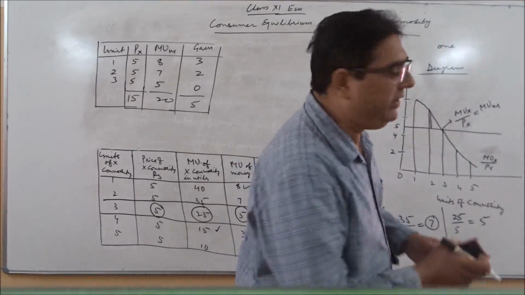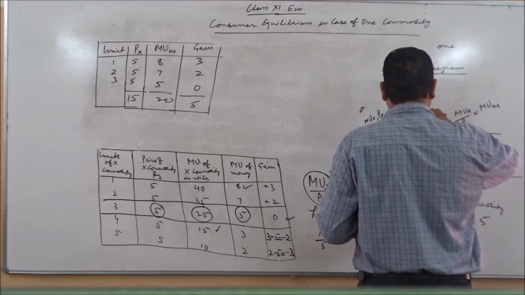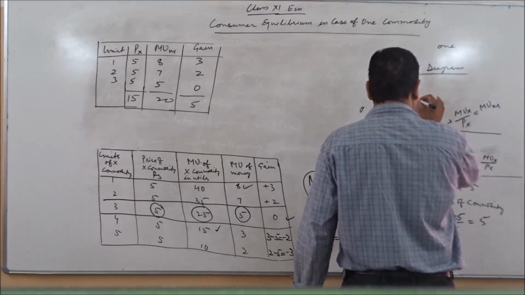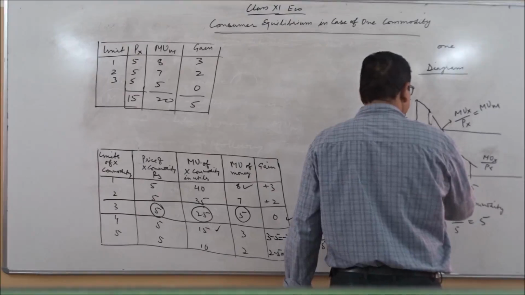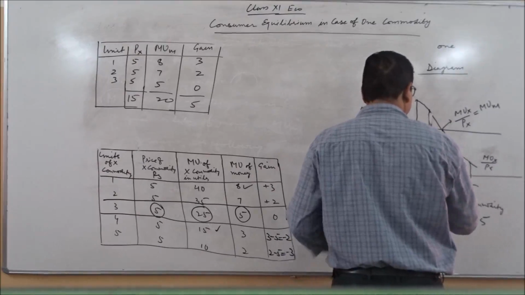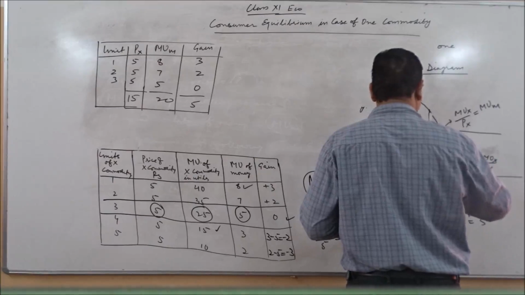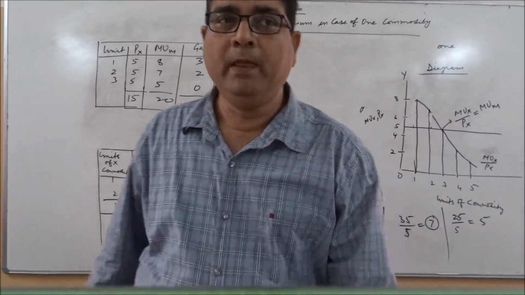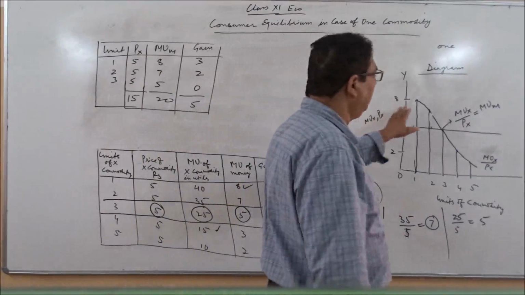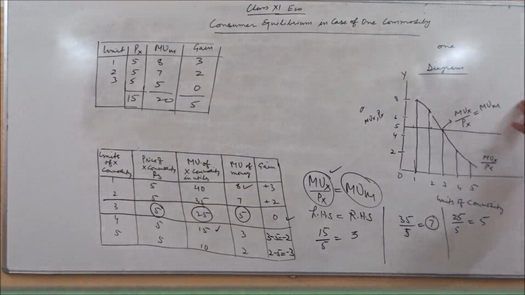So in this way we can join the table and we will find that a consumer will purchase only 3 units of X commodity, and when he purchases 3 units, MUX upon PX becomes equal to MUM.